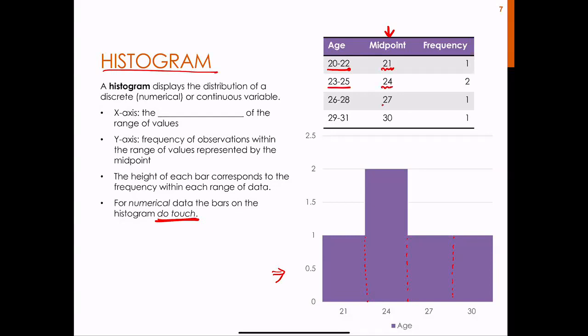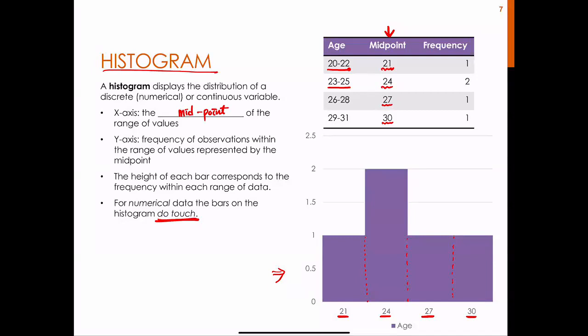Like this, first we find the midpoint for each range and use those midpoints on the x-axis. So on the x-axis, the midpoint of the range of values is used.